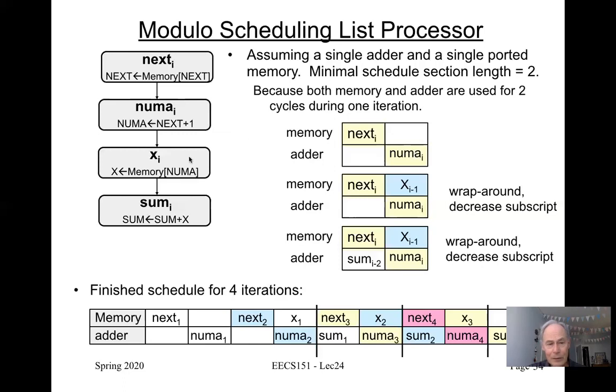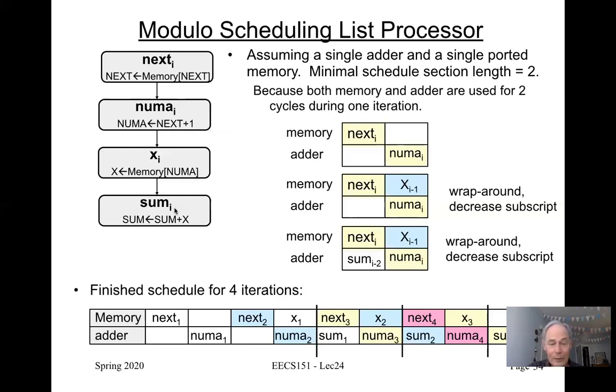The next thing will be to fetch next out of the memory. That would go up here, but what we do is we wrap around. We'd like to put it in here. We can't put it in here because that slot is used, so we put it here. In the process of wrapping around, we went from I to I minus 1, which really means the previous iteration is going to use this time slot.